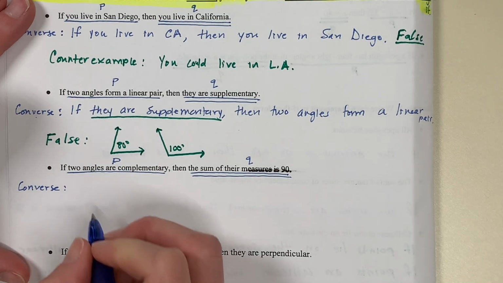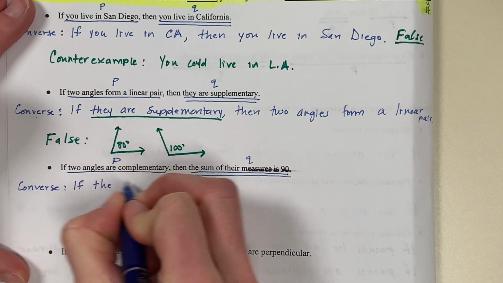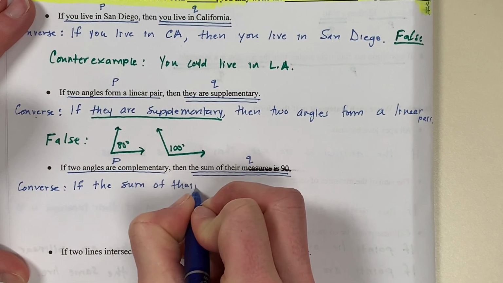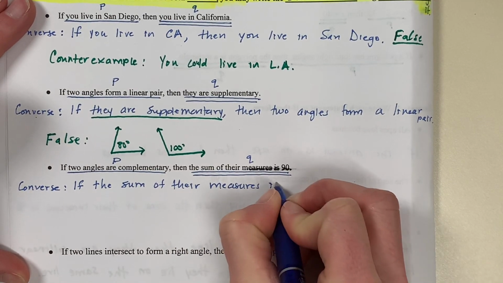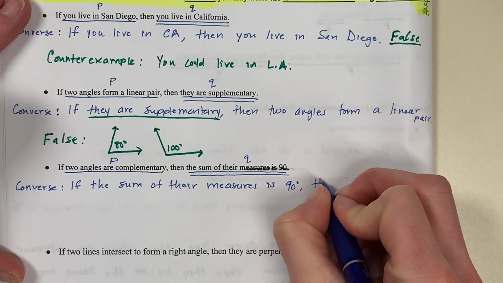The converse would state, if the sum of their measures is 90 degrees, then two angles are complementary.